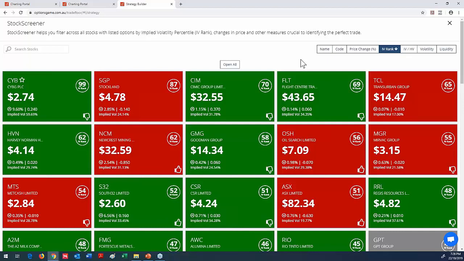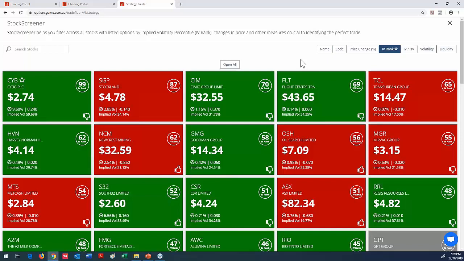So if you decided that you want to buy one of these particular stocks, if the IV rank is above 50, then it's saying that there's quite a fair bit of premium in the options themselves. And so instead of buying those stocks right now, or putting in a limit order below the market, it might be a good idea to start thinking about using put options.